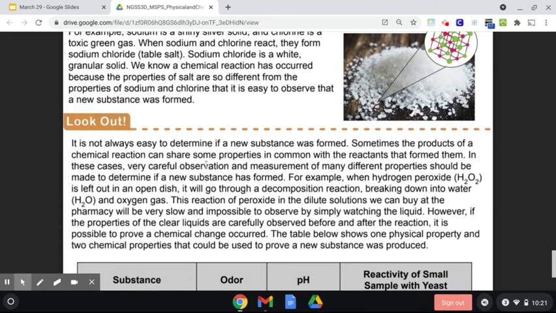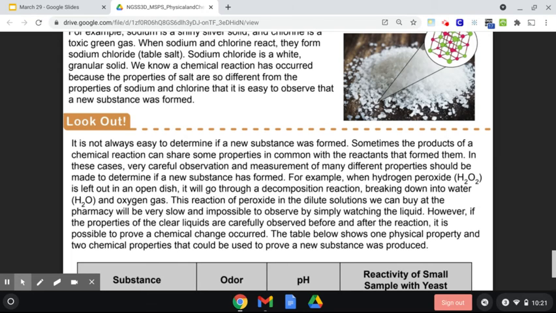Look out! It is not always easy to determine if a new substance was formed. Sometimes the products of a chemical reaction can share some properties in common with the reactants that form them. In these cases, very careful observation and measurement of many different properties should be made to determine if a new substance has formed.